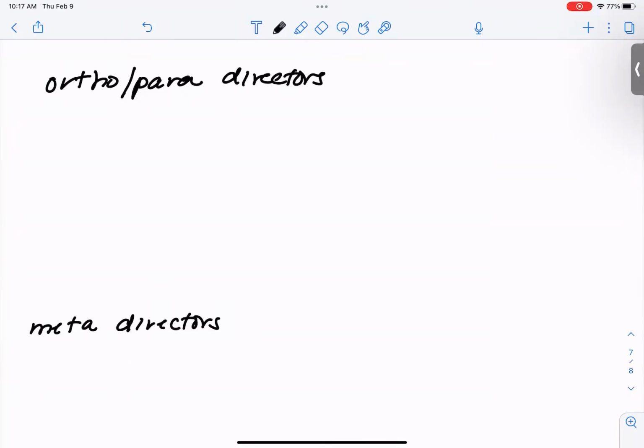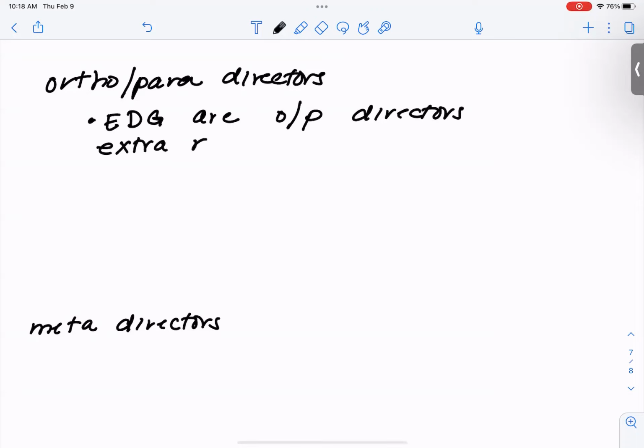An electron donating group or an electron withdrawing group? Electron donating groups, okay? So your electron donating groups are ortho-para directors. You get extra resonance stabilization by the inductive effect.